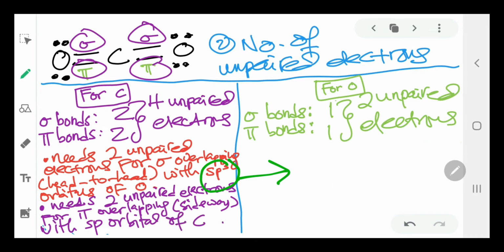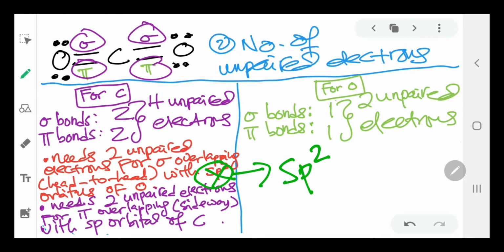So that is a very important note, because we want to know how many orbitals are involved in the mixing of pure orbitals to form the hybrid orbitals, and how many will be left behind unhybridized to form the pi bond.